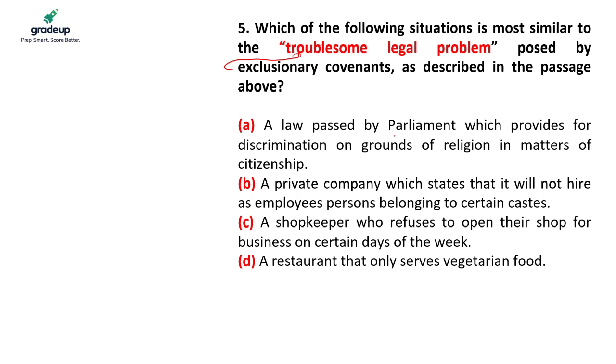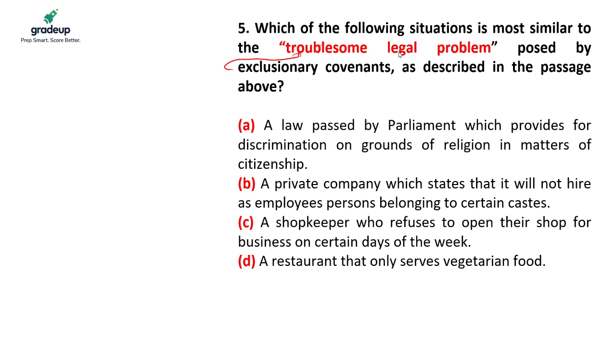A law passed by Parliament which provides for discrimination on grounds of religion in matters of citizenship. If this happens, then it is not a troublesome legal problem. Why can you say that?